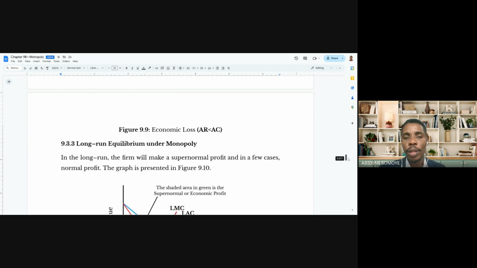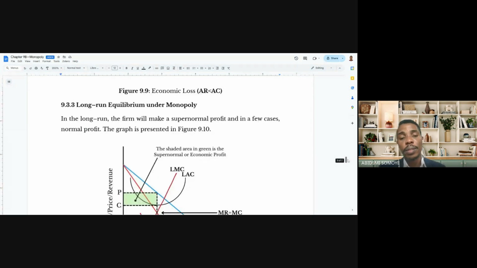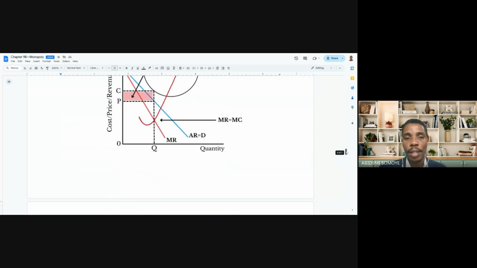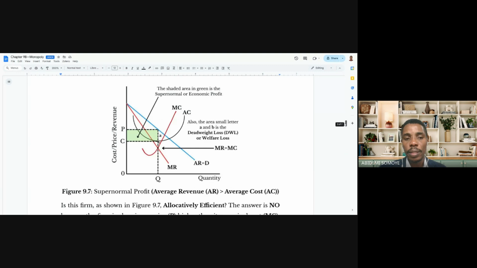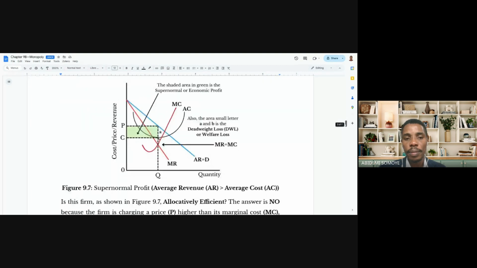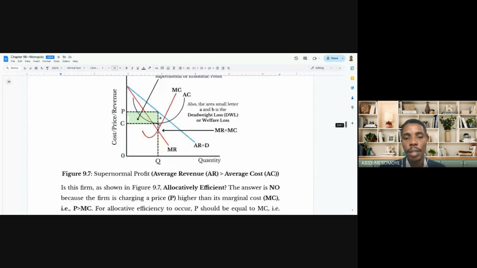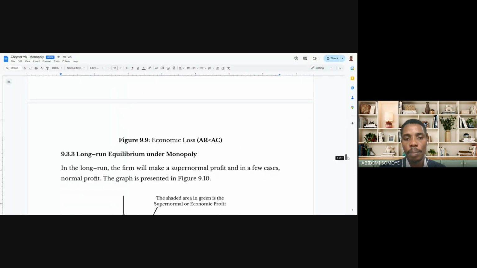What about long run equilibrium? In the long run, the profit of a monopolistic firm will be supernormal, or the firm would have economic profit. And this is the graph right here, similar to the graph in 9.7. Very similar to the graph of 9.7.